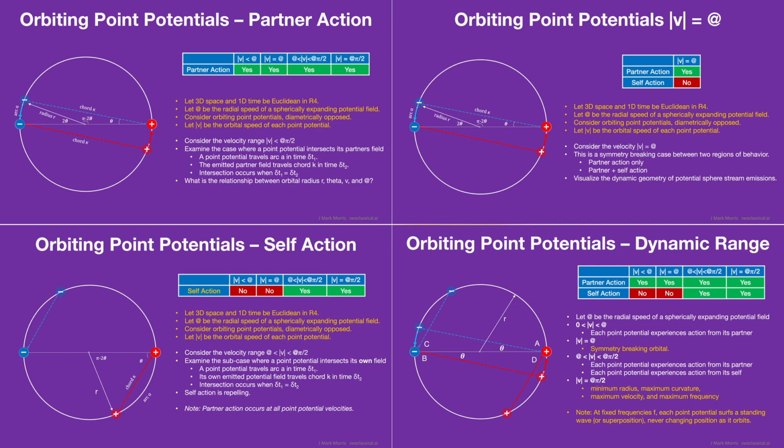So inside the black hole, they're going to deflate really fast because not only are they kind of getting a delayed signal from their partner, they're going to get the potential from their partner along a chord of the orbital. But if they're inside the black hole, they're also getting a strong push from their own self because they're ahead of their own potential emission, and their previous potential emission looks just like themselves. Therefore, it's a like particle, and like particles repel.